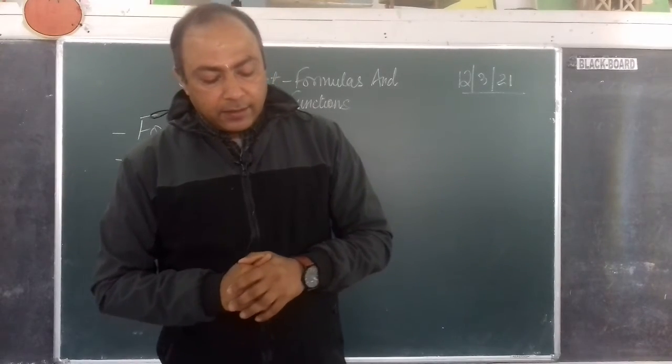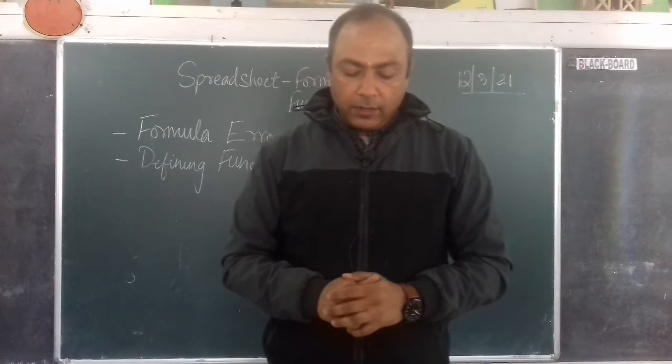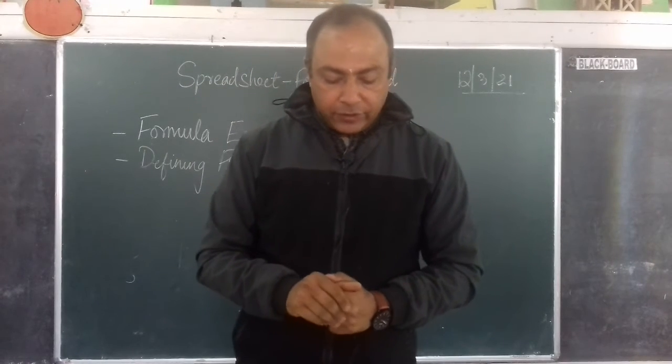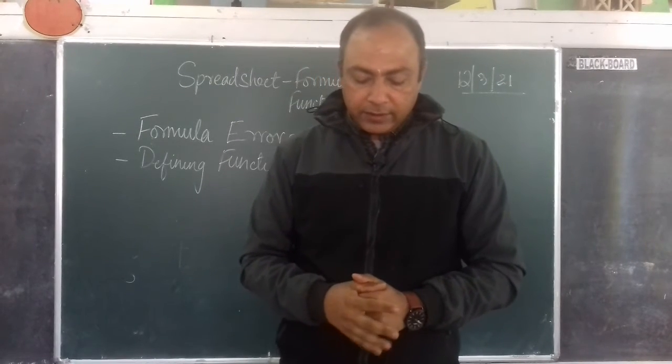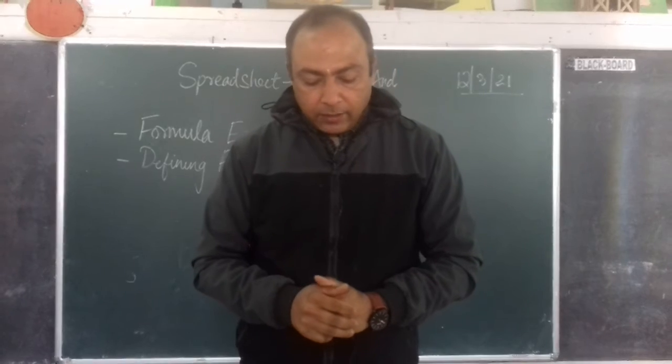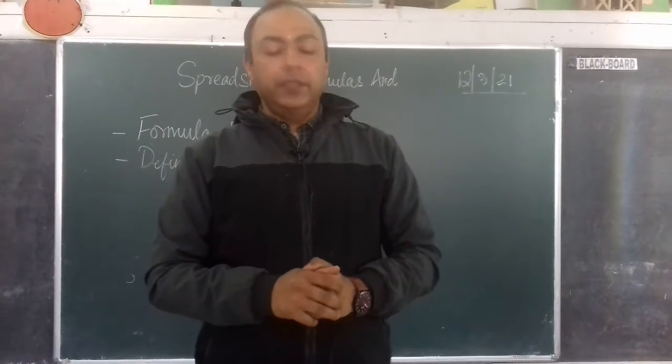Hash division, divided by 0 error. It is displayed if the number in the cell is divided by 0, or if the value in the cell is divided by another cell with no value or an empty value, then this division error will be there.